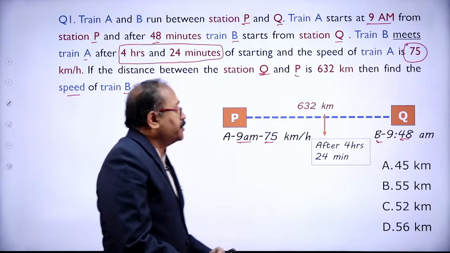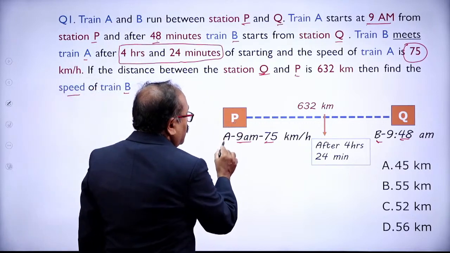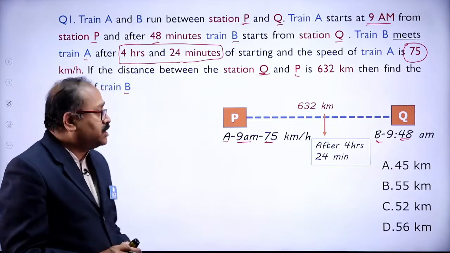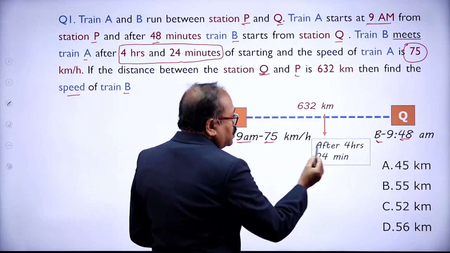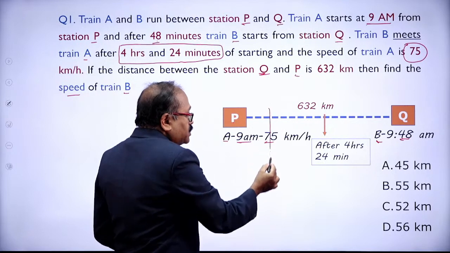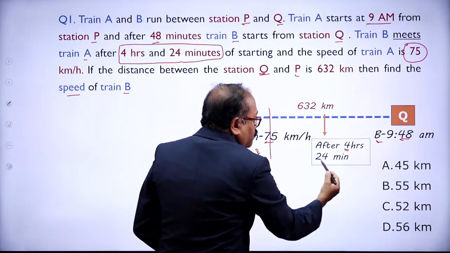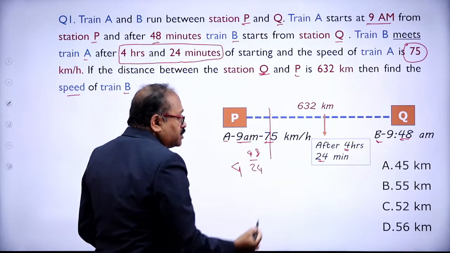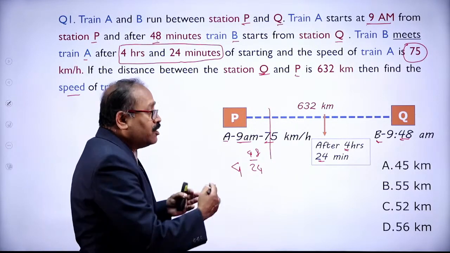Let's work it together. Now I already know that A has traveled for how many hours? The total distance covered by A: initially it is 48 minutes alone, and after that another 4 hours 24 minutes. That means train A moves for how many hours overall?